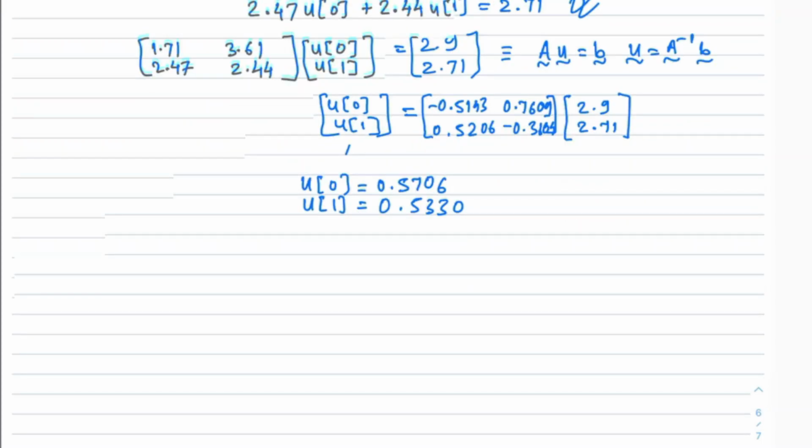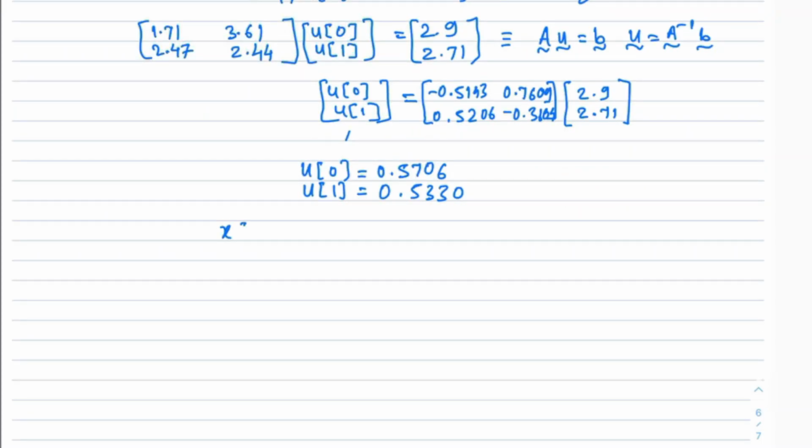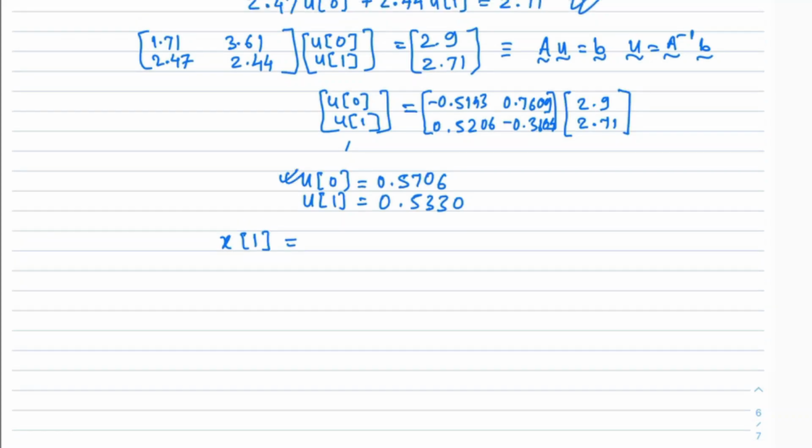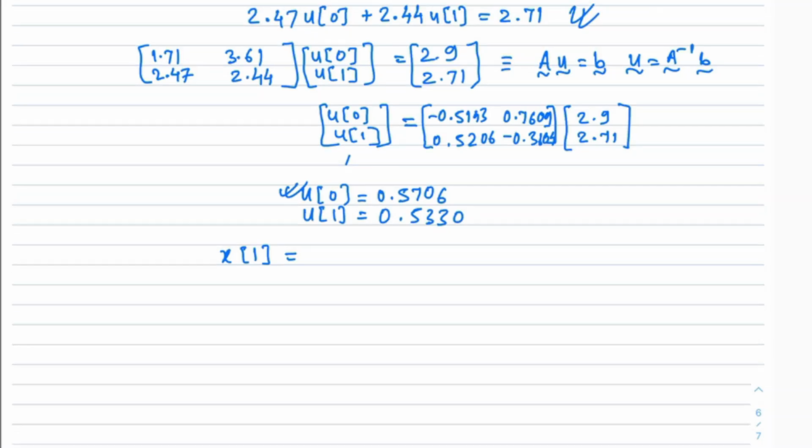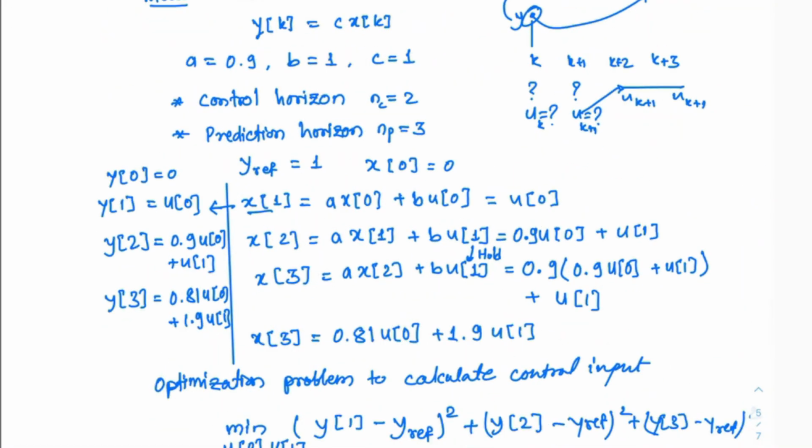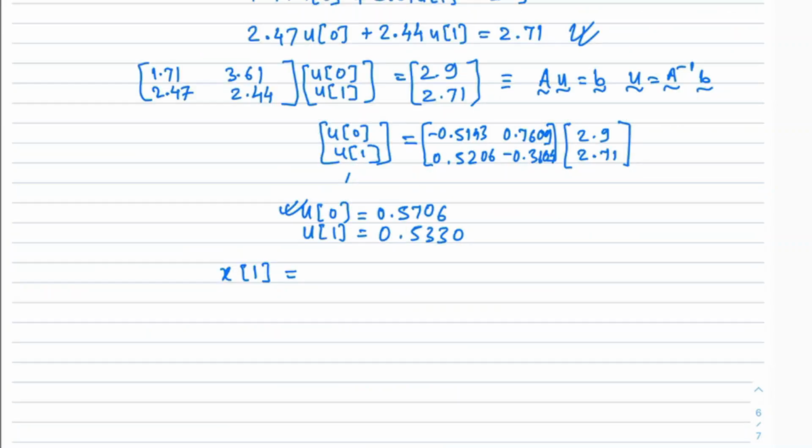So if my controller is correct, let's try to calculate my x1 now using this value of u0. So x1 was, this is what we solved, u0 itself. So x1 would become 0.5706, and my x2, so what we generally do is we calculate inputs up to control horizon, and implement the first input. Here, just for demonstration, I want to implement both the inputs.